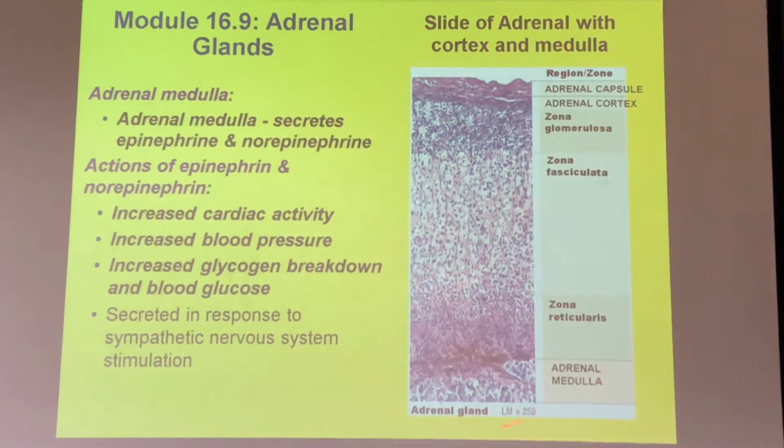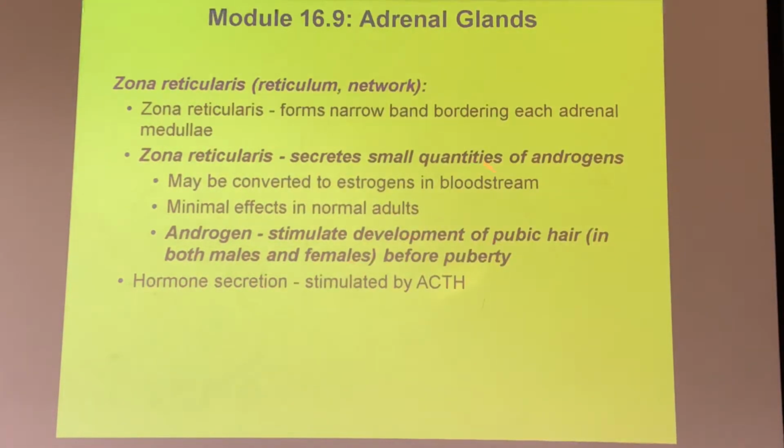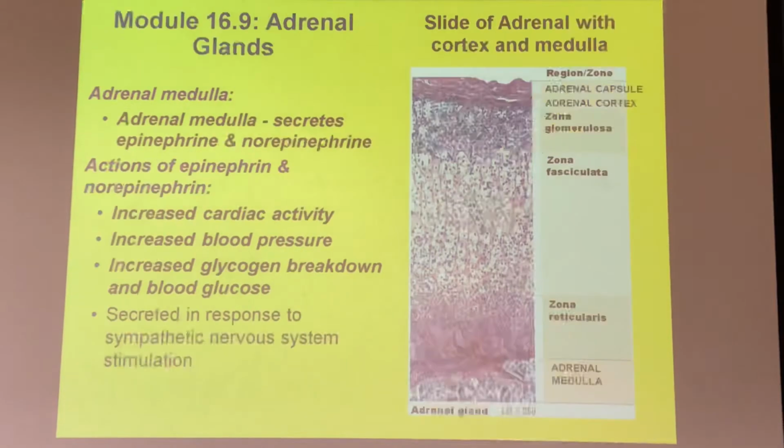This is the slide of the adrenal gland. As you can see, in the beginning there is a capsule which covers the adrenal gland, and from here until around here, this is all cortex. One layer is glomerulosa, which produces mineralocorticoids, then glucocorticoids, and this one will produce androgens.